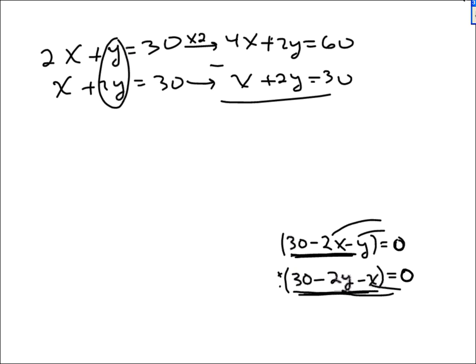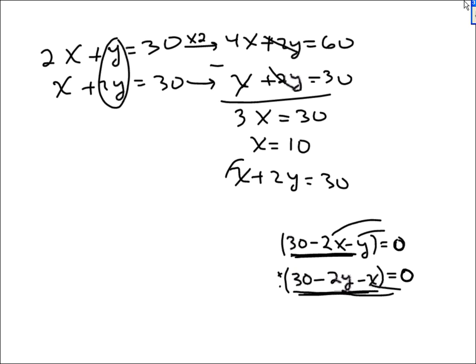And then when I subtract, this will cancel. And I get 3x is 30, so x is 10. And using, say, the second equation, x plus 2y is 30. If x is 10, 10 plus 20 gives me 30. 2y must be 20. That means y must be 10.